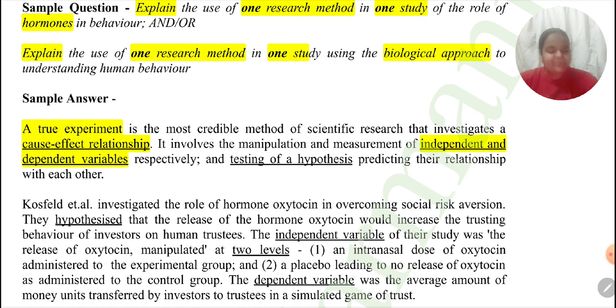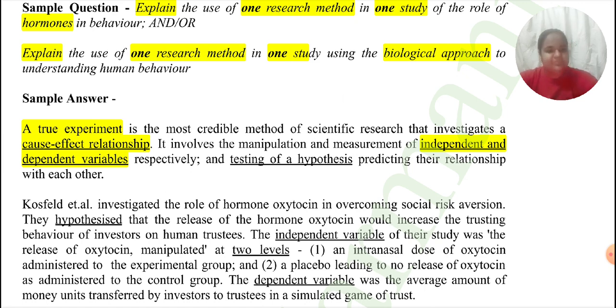In a true experiment, he also measures a dependent variable and investigates a relationship between the independent and dependent variable. It's definitely going to be a causative relationship. We mentioned right at the beginning that it is the investigation of a cause-effect relationship, so we need not repeat that.